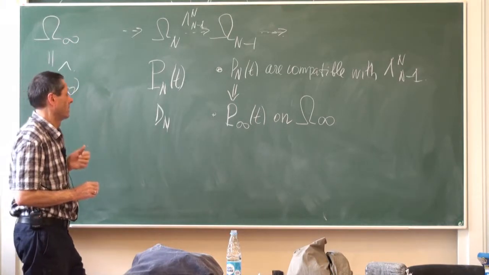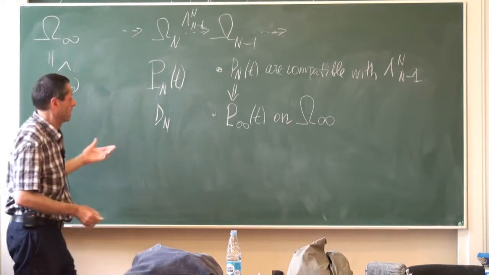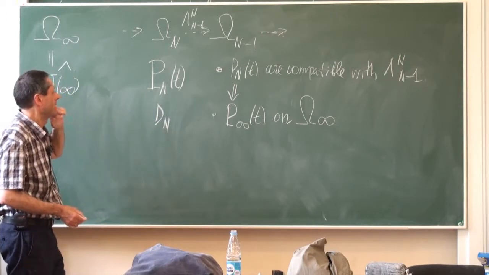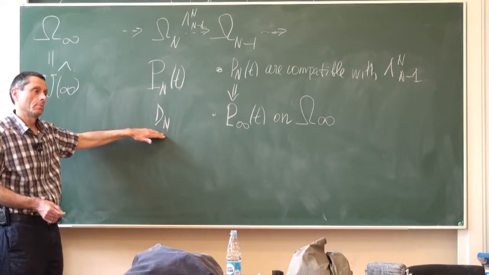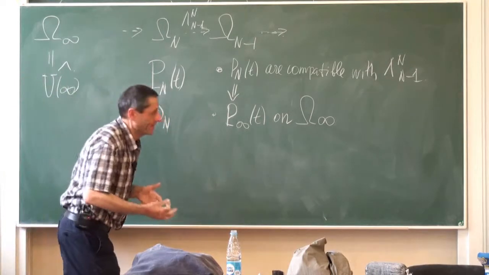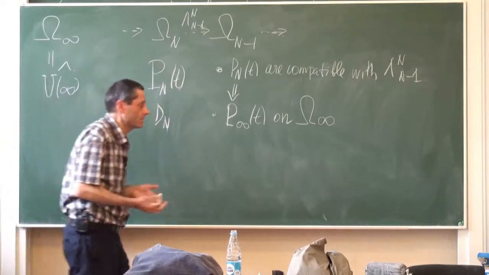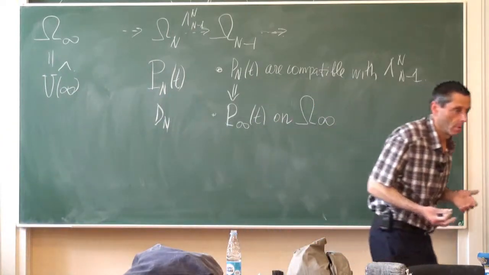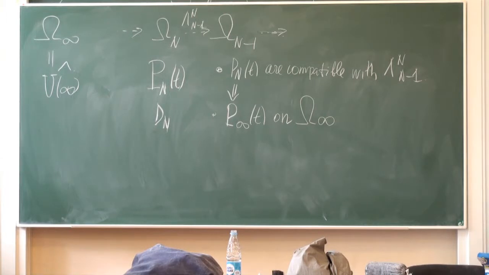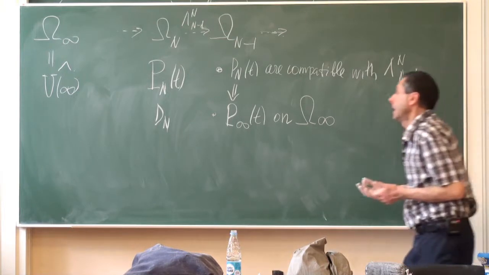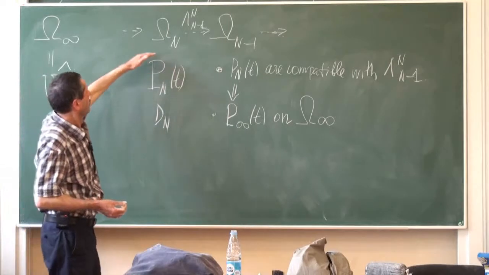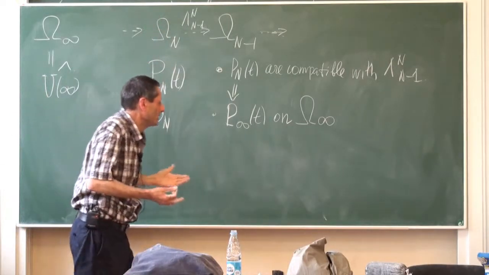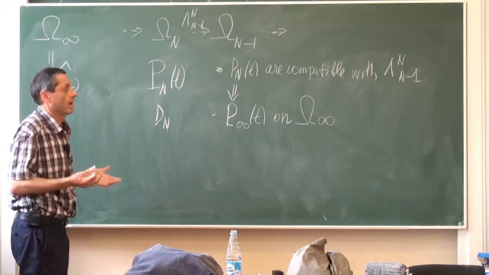And what can be said? How to verify it? Again, we have to verify compatibility of difference operators. So look, all is explicit now. We have explicit formulas for the links, and explicit formulas for the difference operators. And these difference operators define the jump rates on this set. So in principle, it can be verified directly.